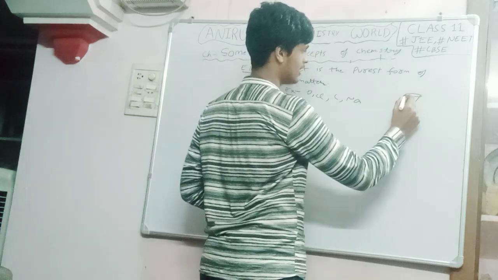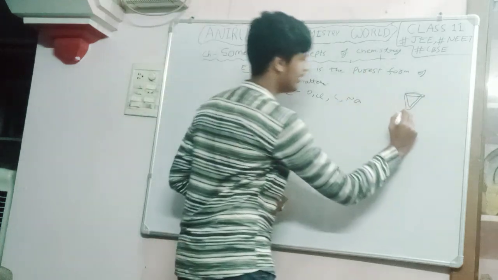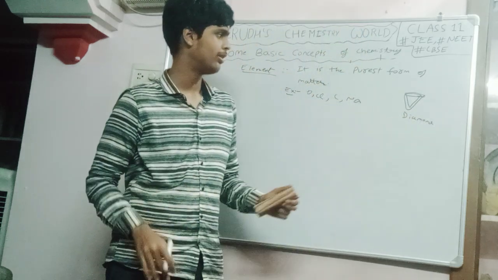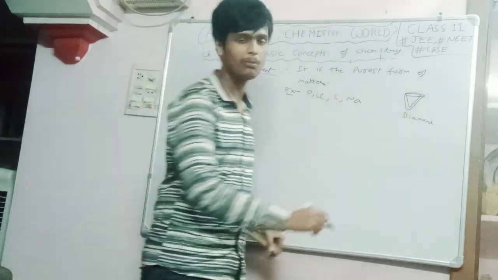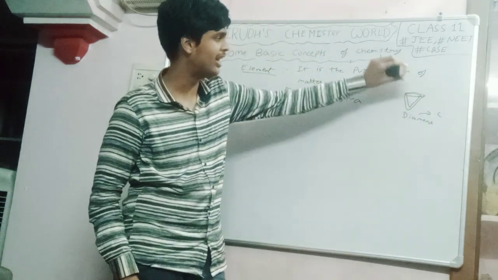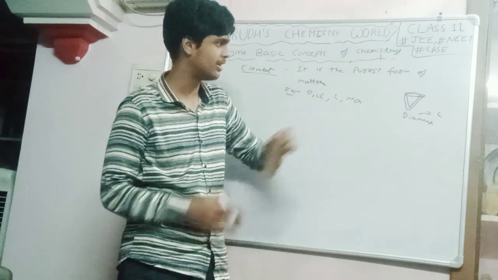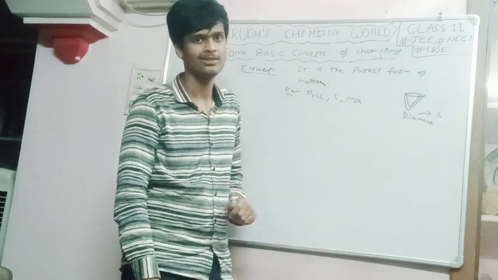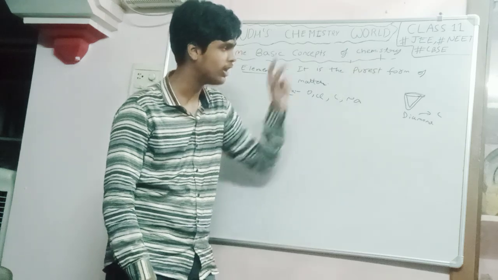It's a three-dimensional figure, but it's not possible to draw it, so let us say this is diamond. Don't worry about this diagram. This diamond is the purest form of carbon. Diamond will have only carbon atoms. You will not have any atom of any other element, only carbon.